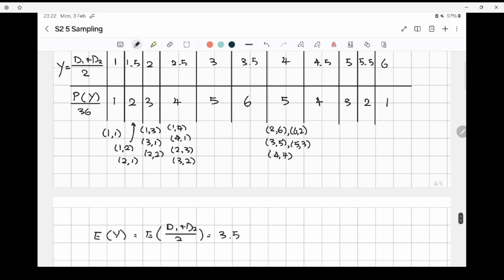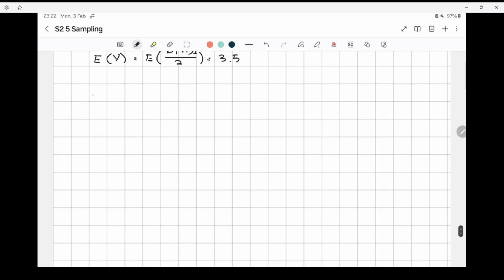Similarly, you can also find the variance of Y, which is the variance of (D1 plus D2) divided by 2. Using the same formula from the table, you will find that this is 35 over 24.